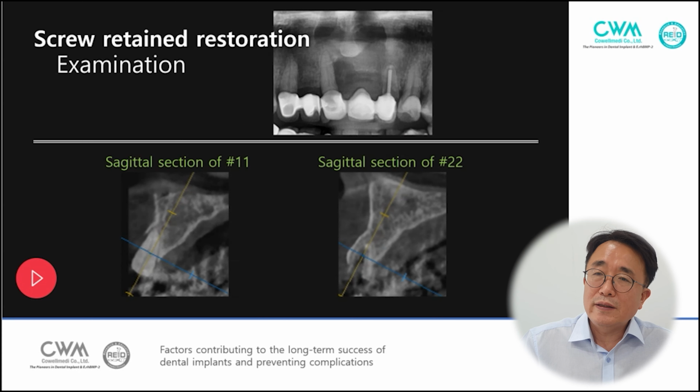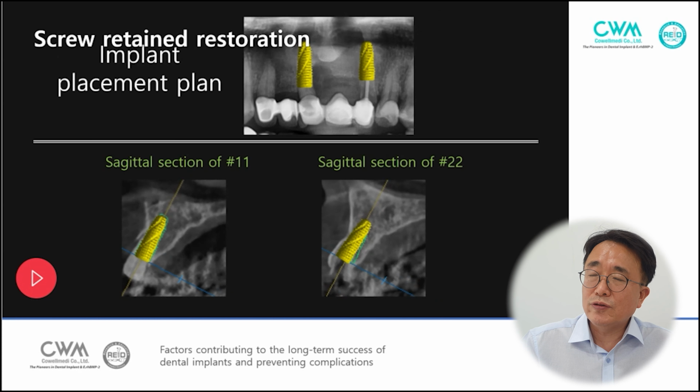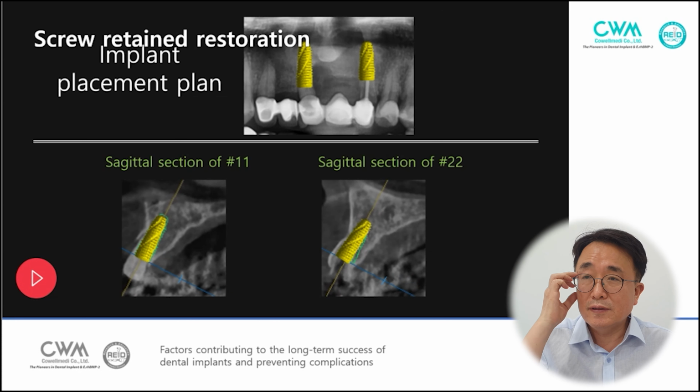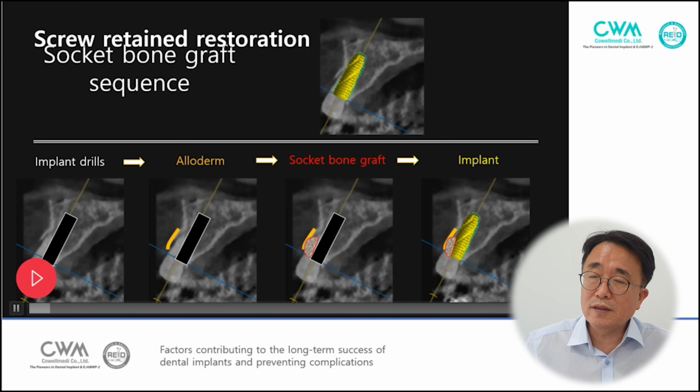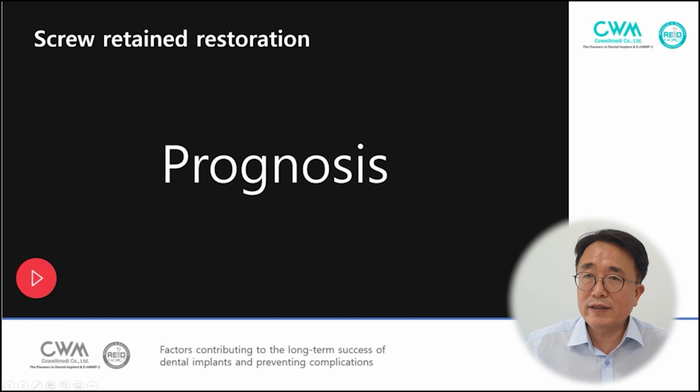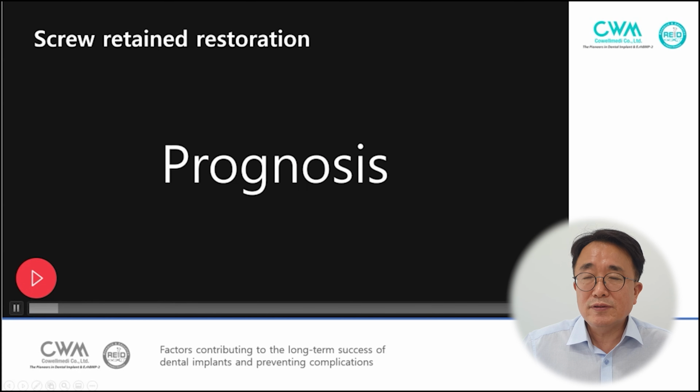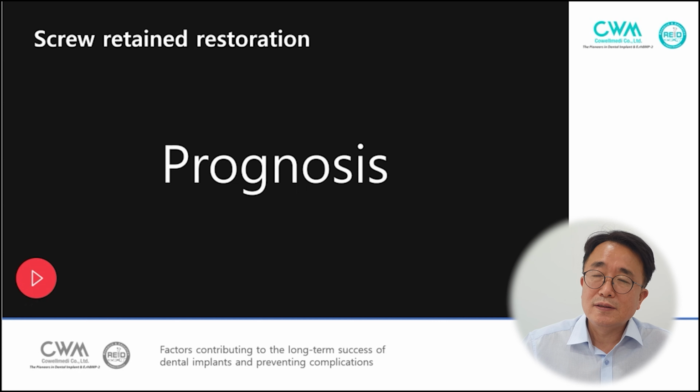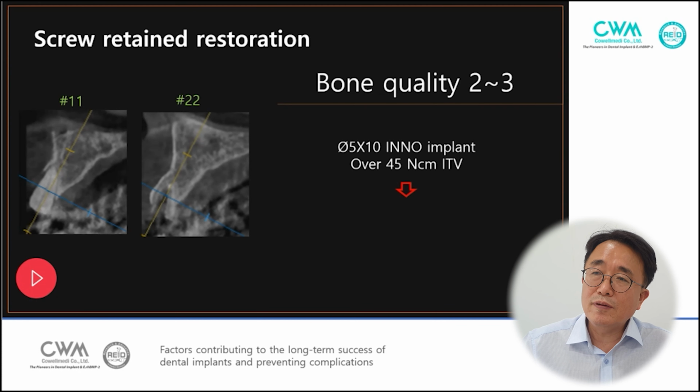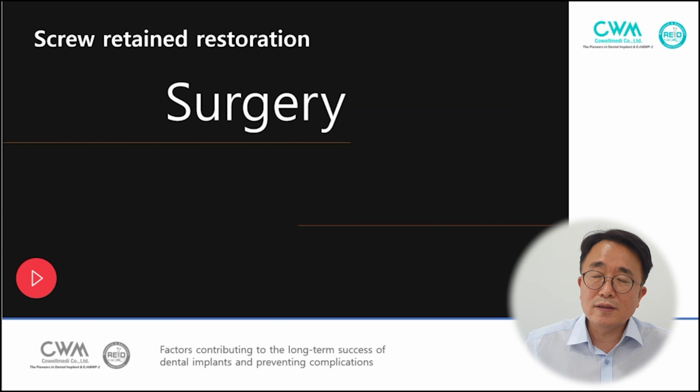In this patient I extracted number 11 and 12, and two implants are inserted. First the implant drill and the bone graft. Finally the implant is placed. Prognosis? Yes, the bone quality is hard, so immediate loading surgery.